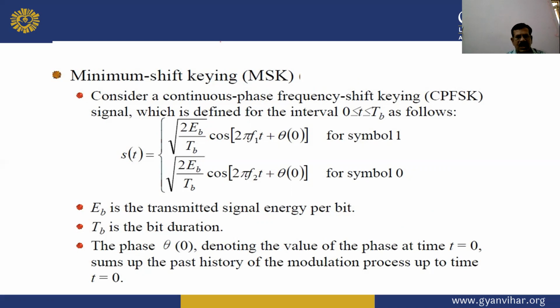E_b is the transmitted signal energy per bit. T_b is the bit duration here. The θ(0) denotes the value of the phase at time t equal to 0, the sum of the past history of the modulation process up to time t equal to 0.